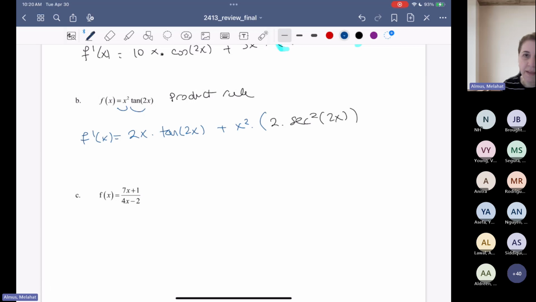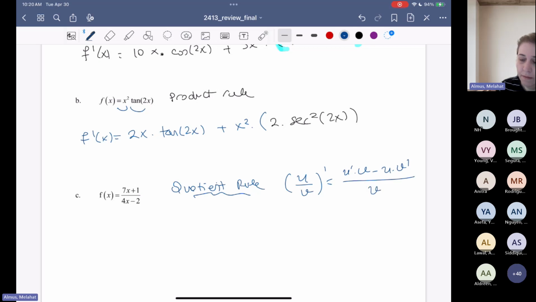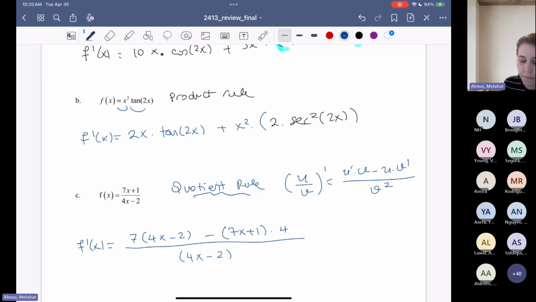All right. The next one is your typical quotient rule problem, and I expect a quotient rule problem on the multiple choice part, so make sure you can do this. Remember, (u over v) prime is u prime v minus u v prime, all over the denominator squared. So f prime is the derivative of the top times the bottom, minus the top times the derivative of the bottom, all over the bottom squared.